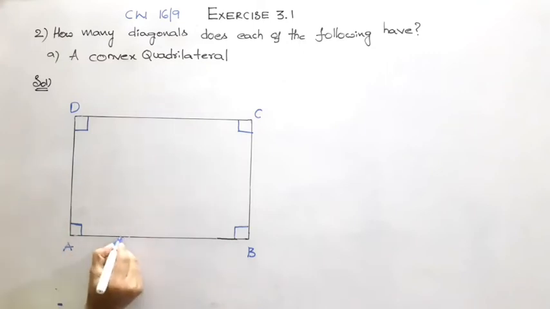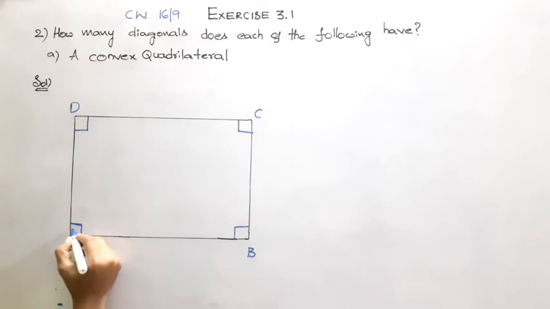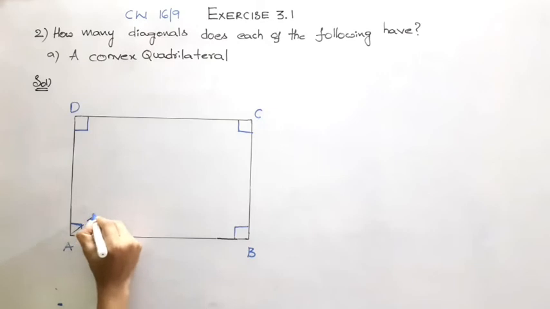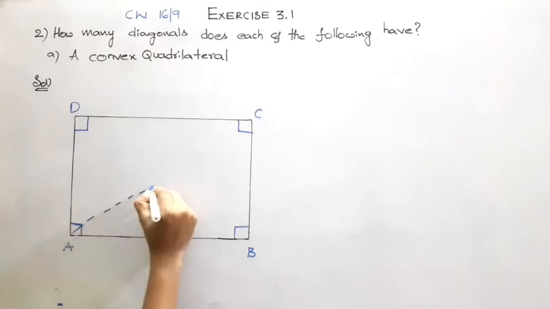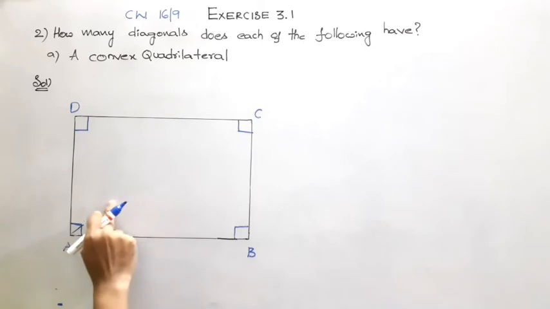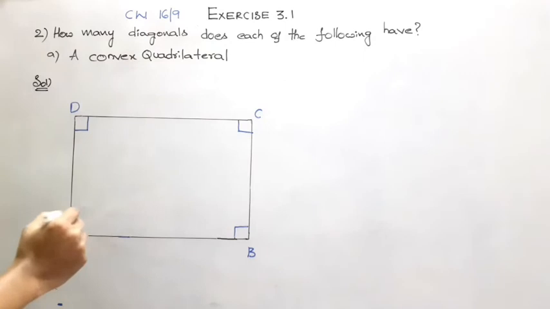As we have been discussing, a diagonal is a line segment which joins the opposite vertices of the given figure. Hence, if we draw a line, better make use of dotted lines so that the figure will come nicely.